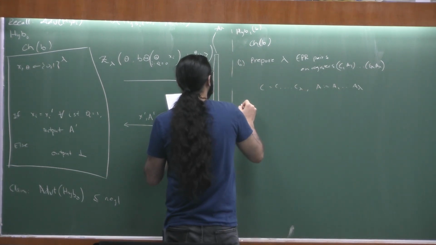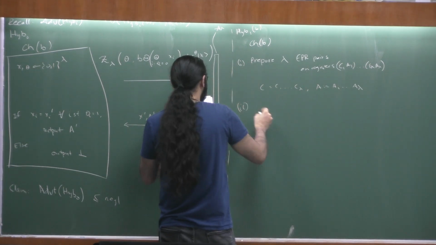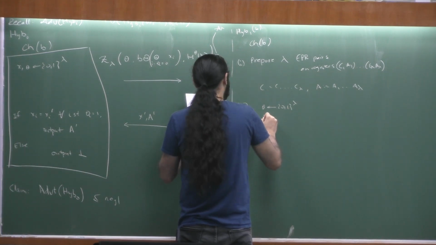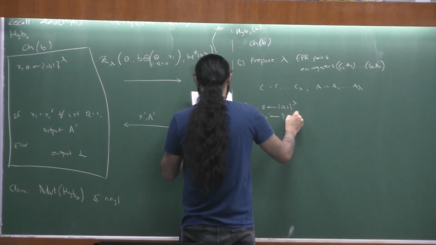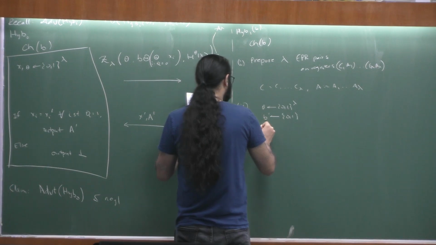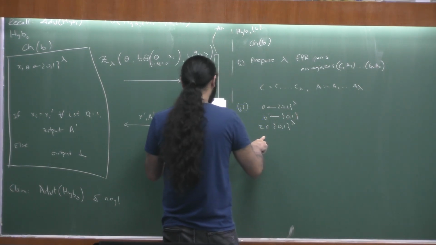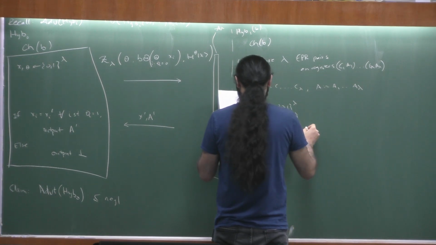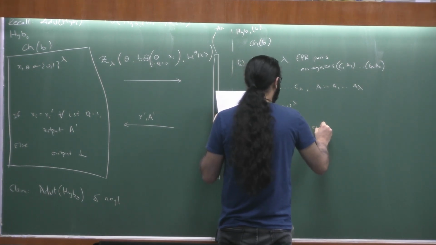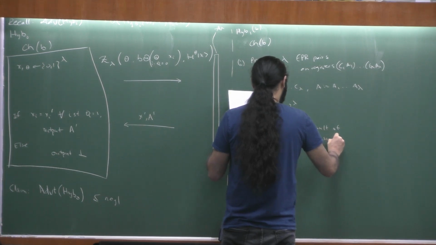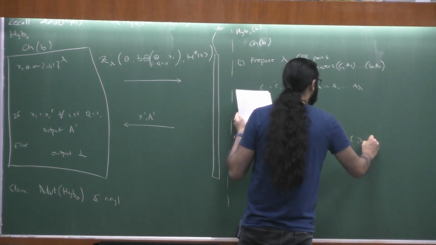That was the first step. The second step is it samples theta in 0,1 to the lambda, and samples B prime in 0,1. Then x in 0,1 to the lambda is the result of measuring C in basis theta.